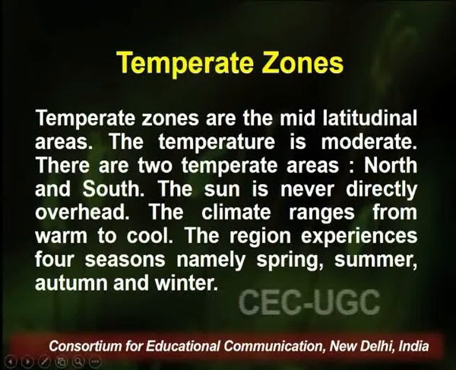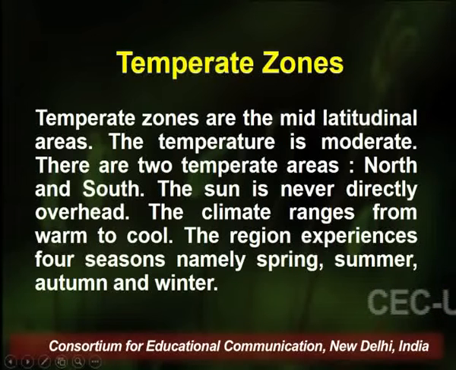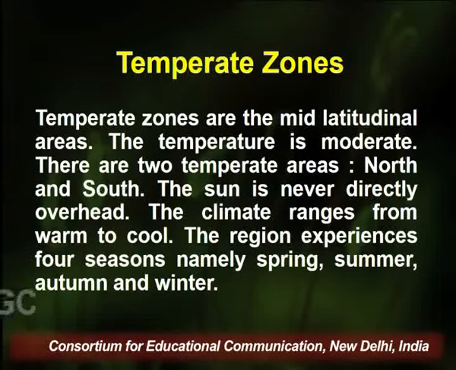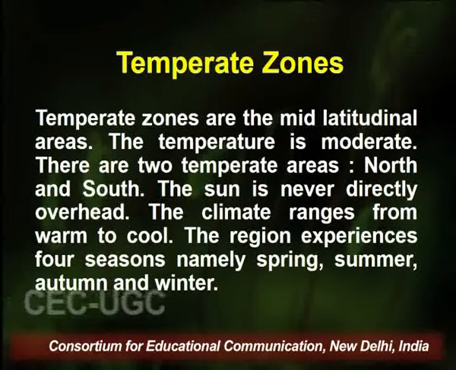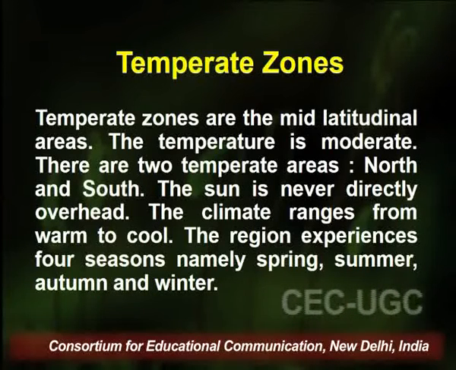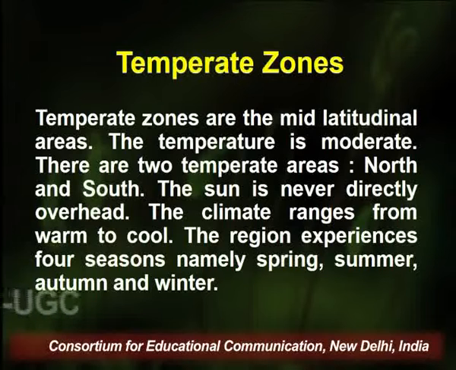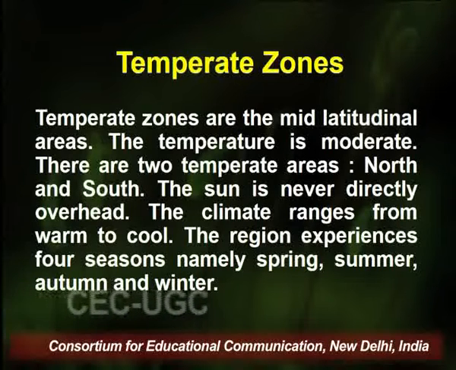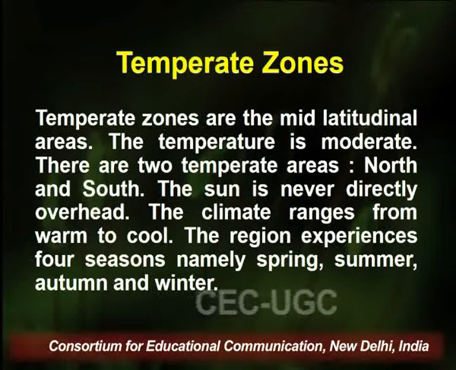Now, if we talk of the temperate zones, they are mid-latitudinal areas. The temperature is moderate in these zones. There are two temperate areas, north and the south. The sun is never directly overhead in the temperate zones. The climate ranges from warm to cool.